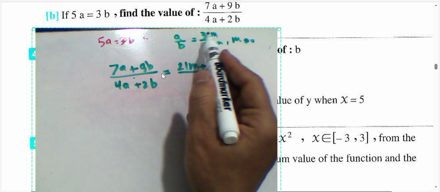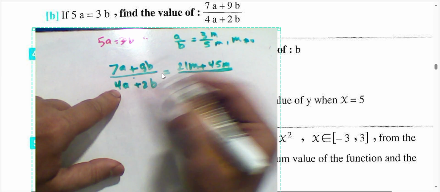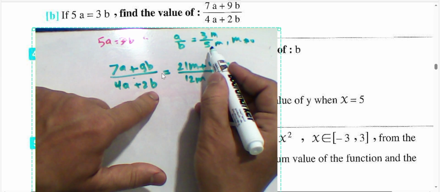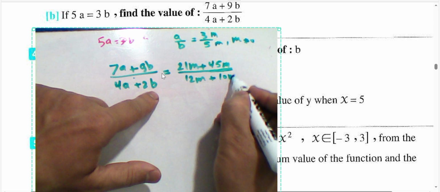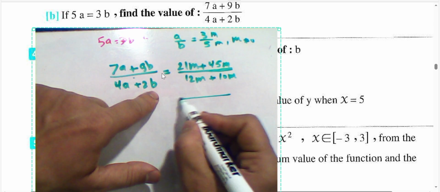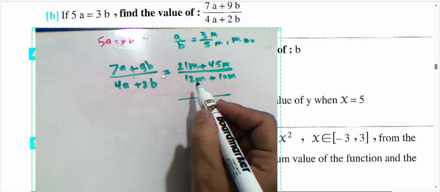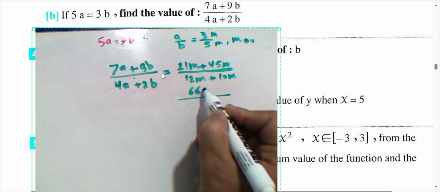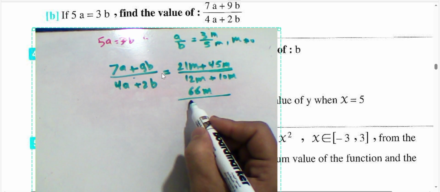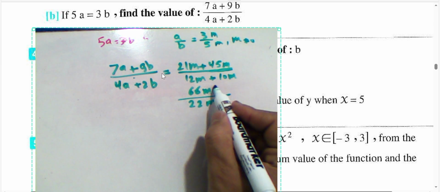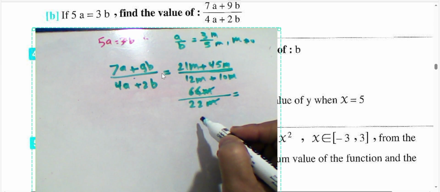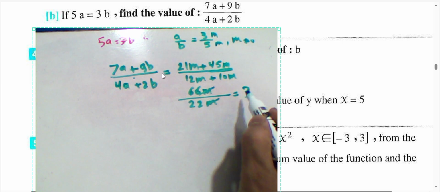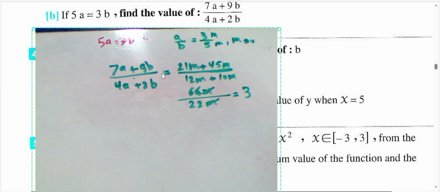For 4a equals 3m, 3 times 4 equals 12, 2 times b equals 5m, 2 times 5 equals 10, and then you can write the numerator and denominator after addition. We have here 66m and down 22m. We can divide because m is not equal to 0. 66 divided by 22 equals 3. The value of this expression equals 3.